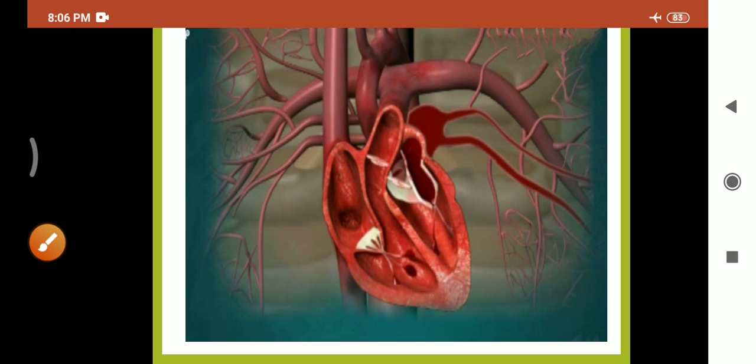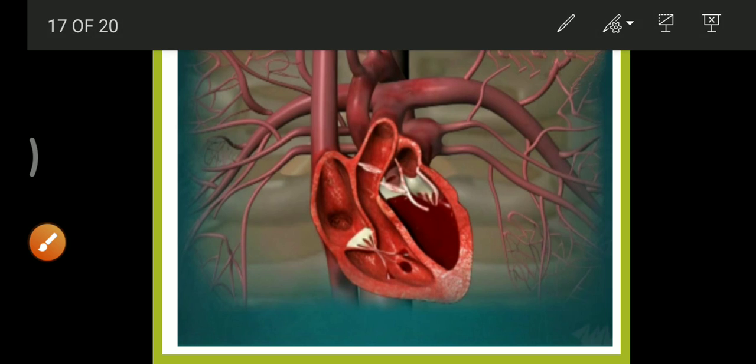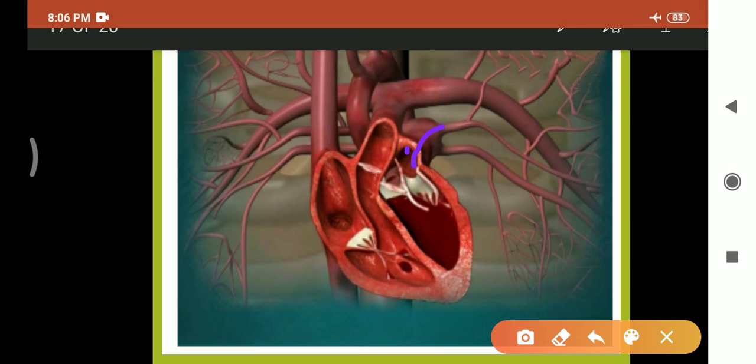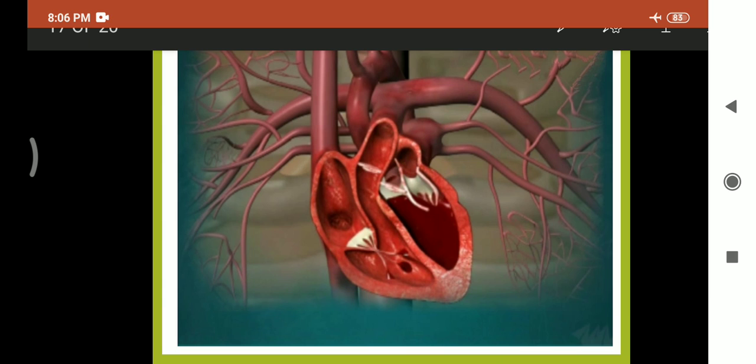So how can we draw it here? This blood is coming inside with the help of the pulmonary veins. So oxygenated blood enters the left atrium. The left atrium gets filled with blood and expands, right? Once it is filled and expanded, then it contracts.